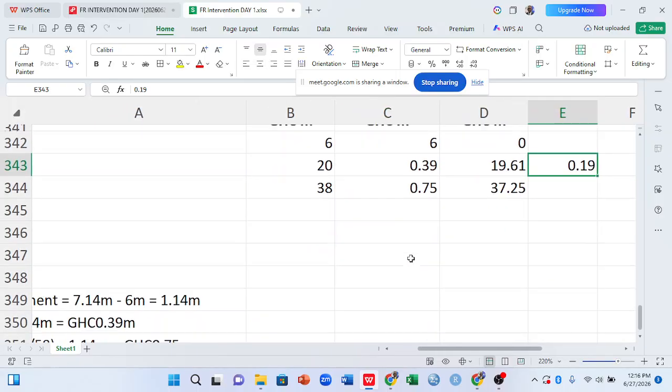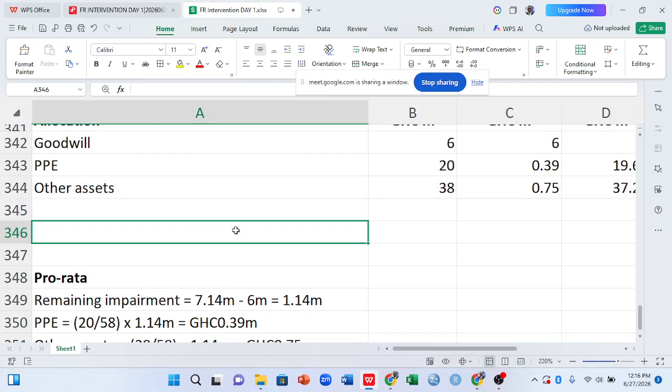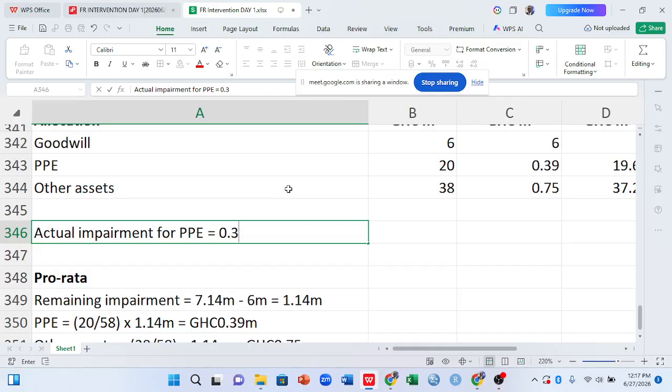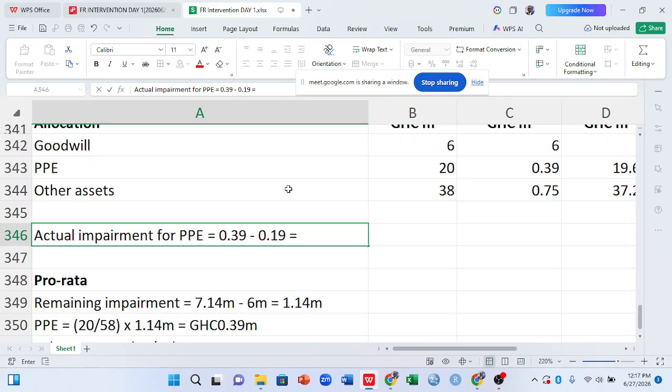So if you are to calculate your actual impairment for PPE, because we are reversing some, it will have been the original figure, which is 0.39 minus the 0.19. And what are you going to get as the actual? 0.2 million.